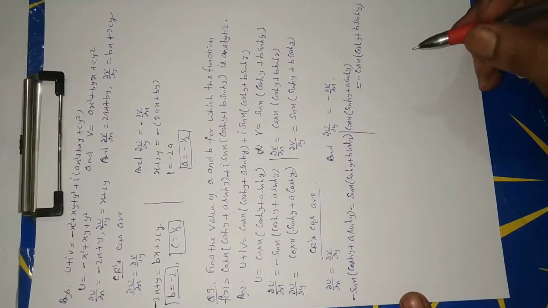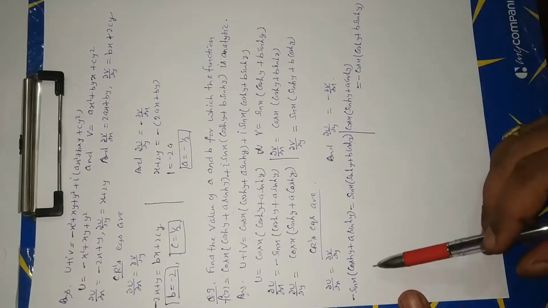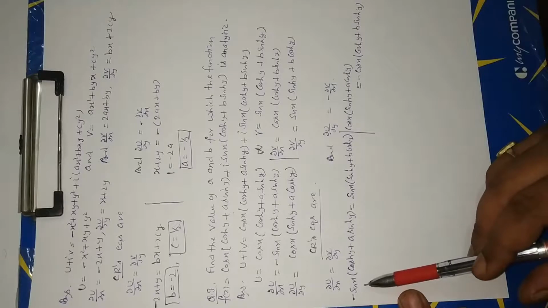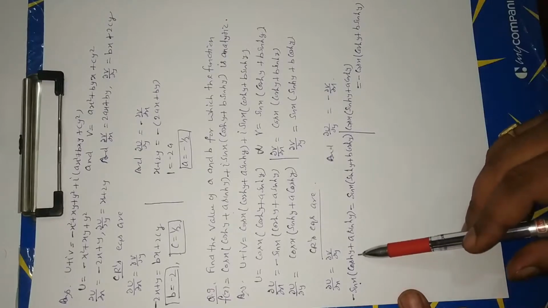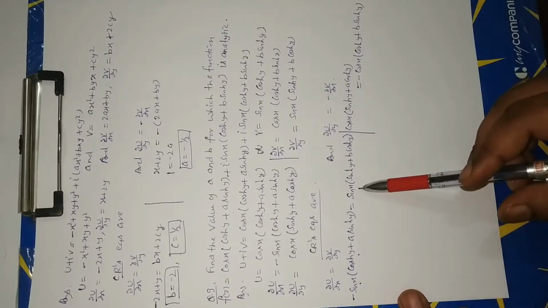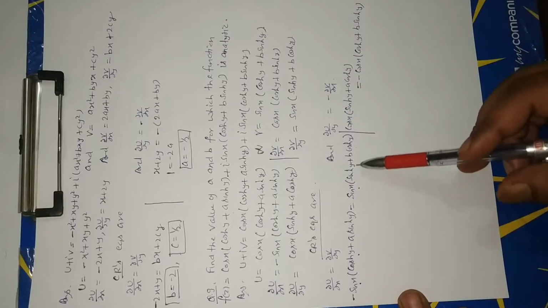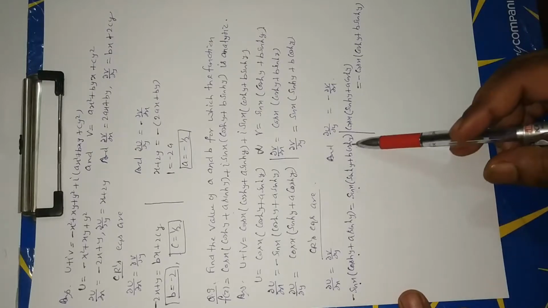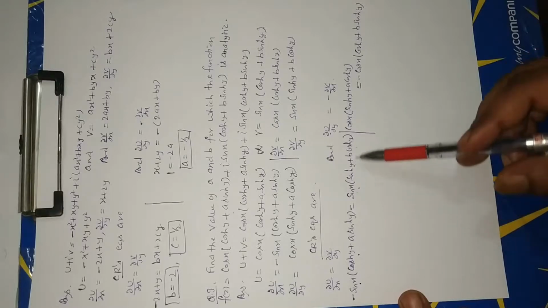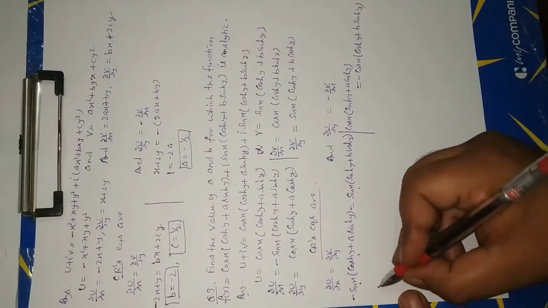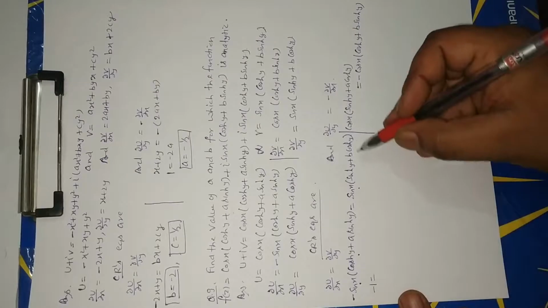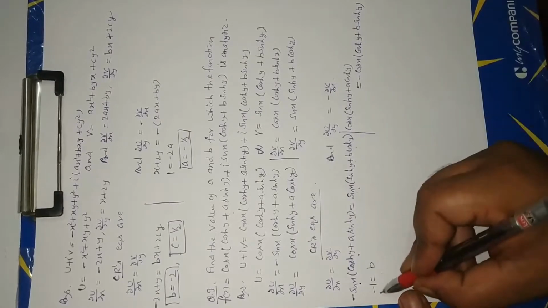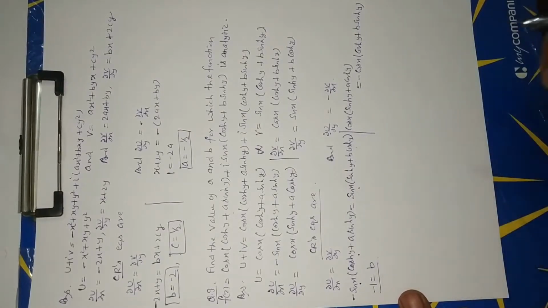Now comparing the coefficient of sin x cosh y on both sides, here minus 1 and here b, so b is equal to minus 1.